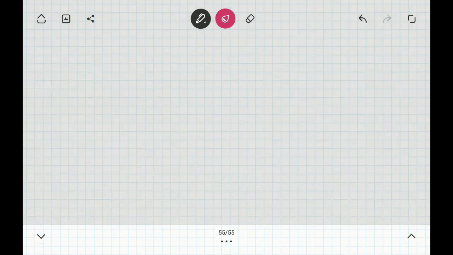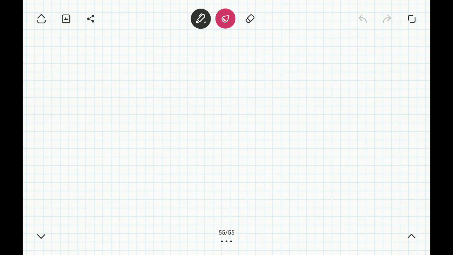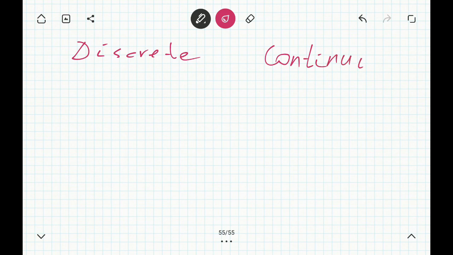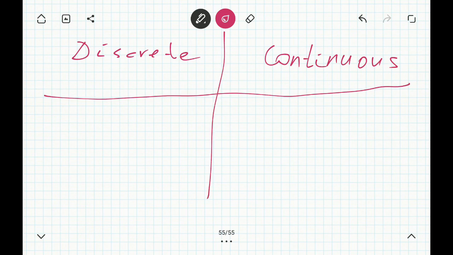Let me summarize. Let me go back to continuous distribution and summarize. So we have discrete distribution and continuous distribution. For discrete, you have separate outcomes. For continuous, it's not the case.